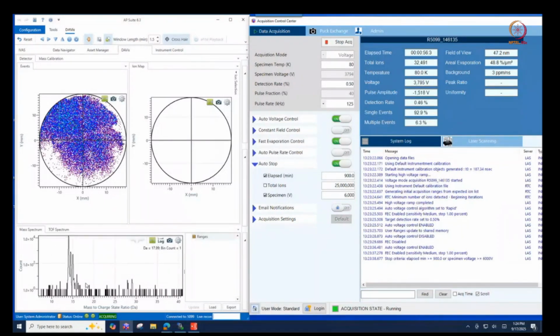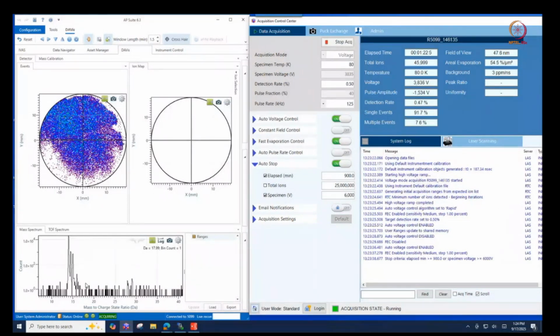Now you can see the single events have slightly increased. Earlier it was around 91%. Now it has increased by 1 or 2%. And multiple events, which were around 8%, have slightly decreased. Which means our data has slightly improved.